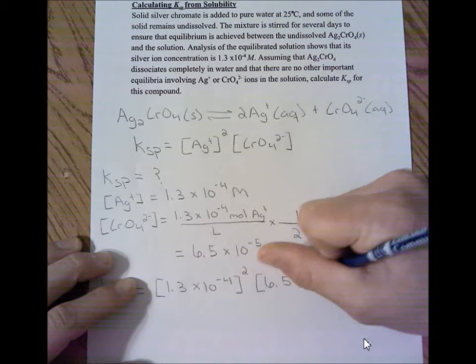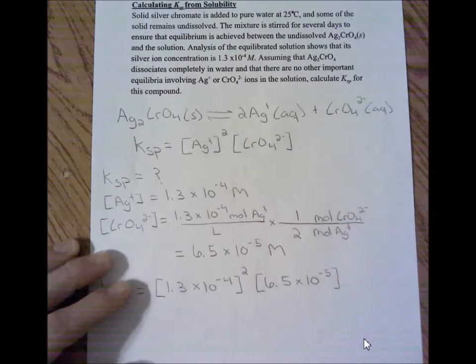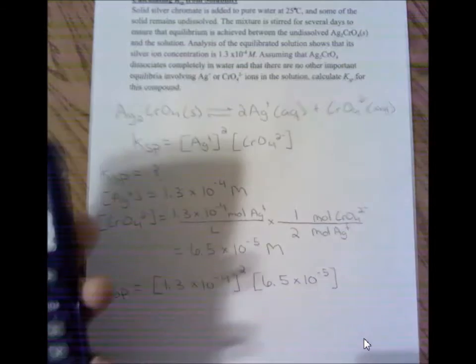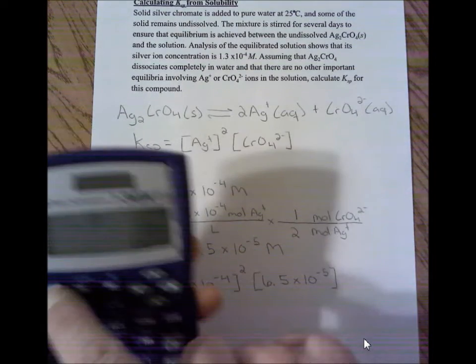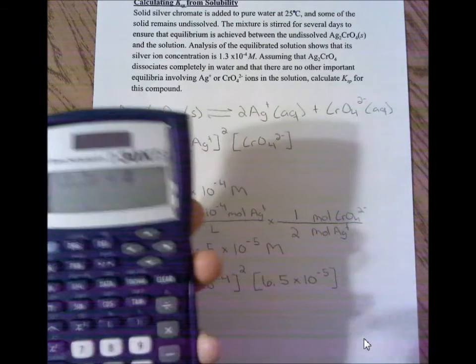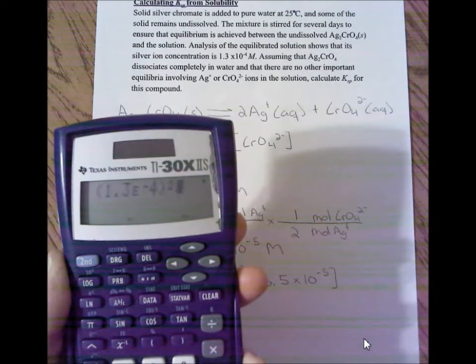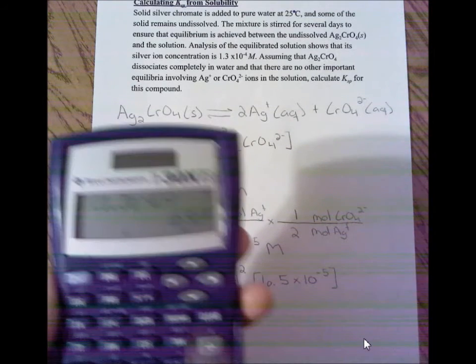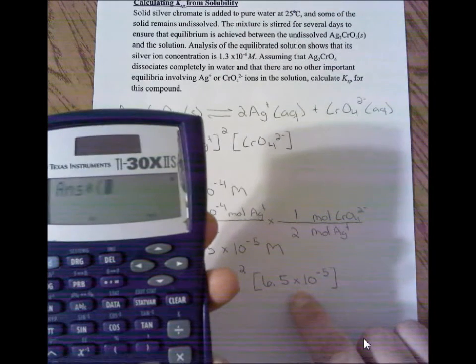And now all we have to do is plug this into our calculator. So we get 1.3 times 10 to the negative fourth. Now what I always do is I square this value and I press enter. Then I'm going to take this answer and multiply it by what we found the chromate ions to be, which was 6.5 times 10 to the negative fifth.